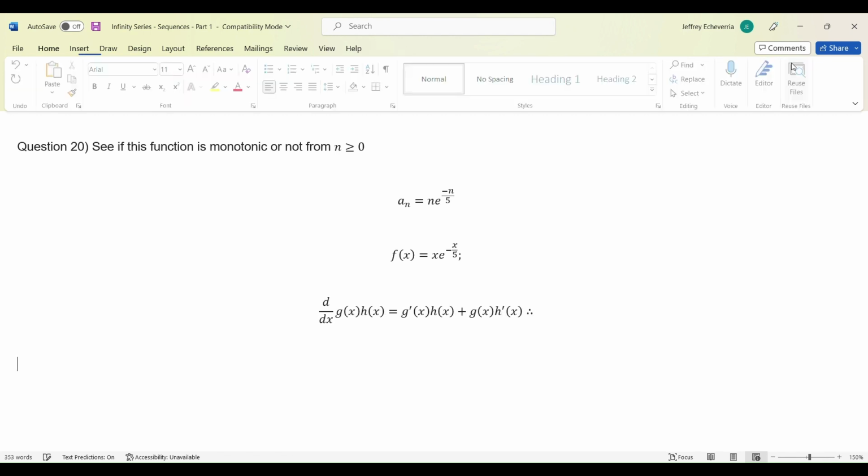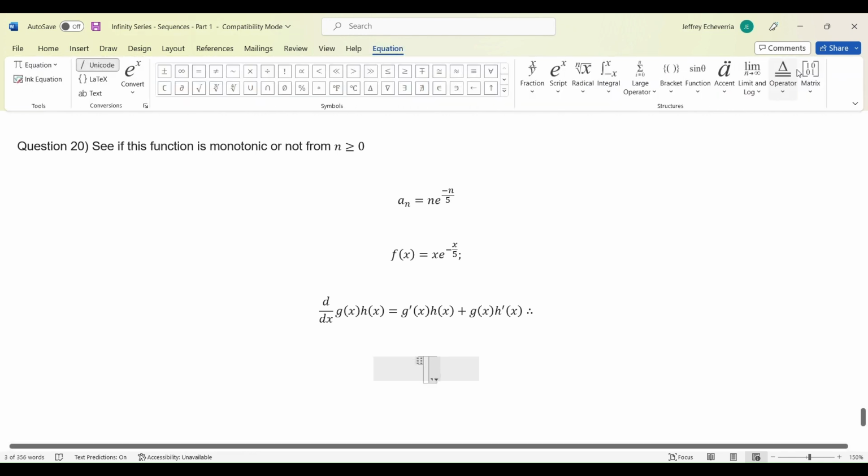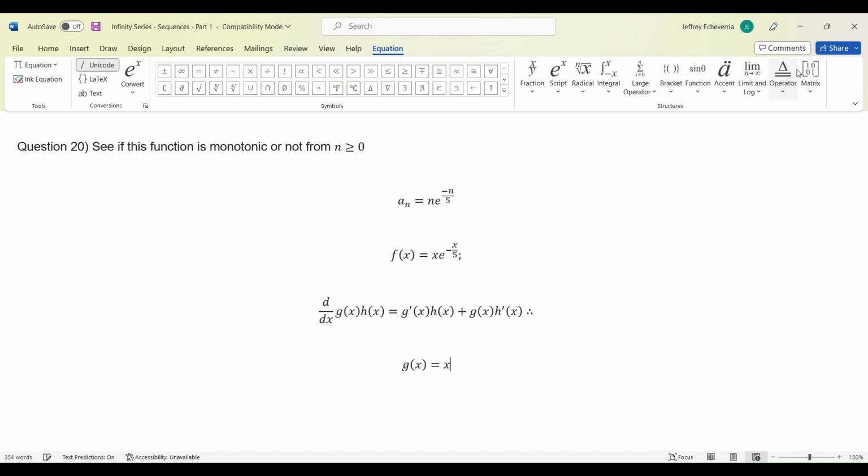Therefore, g of x equals x, g prime of x equals 1, h of x equals e to the negative x over 5, and then h prime of x equals negative 1/5 e to the negative x over 5.